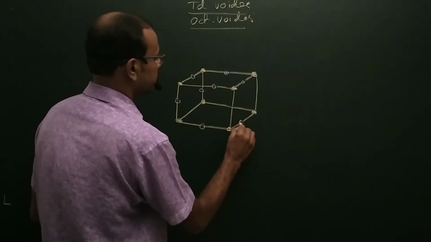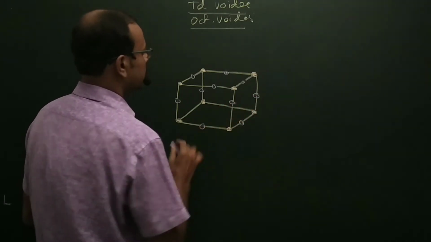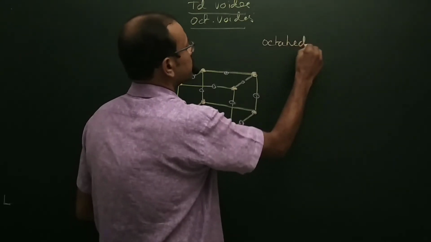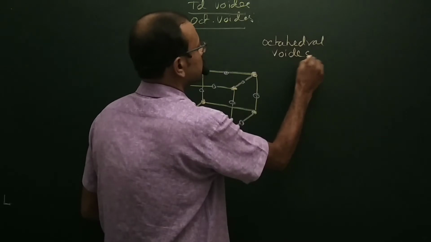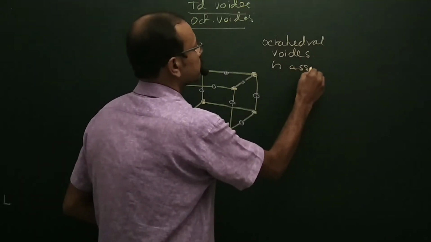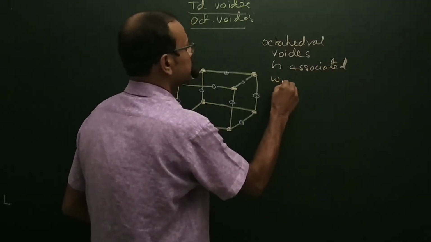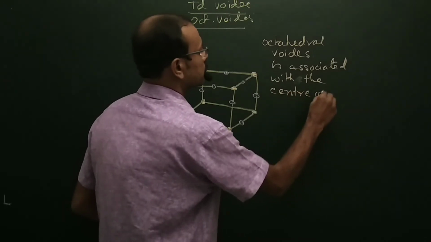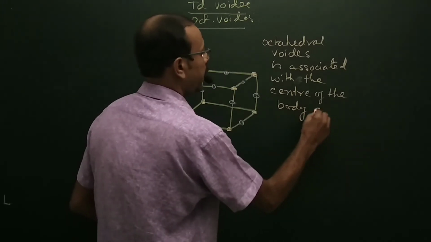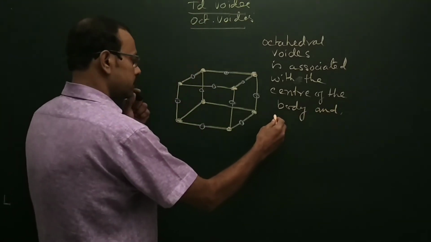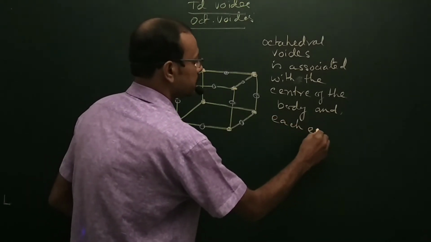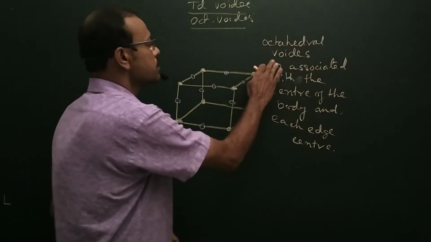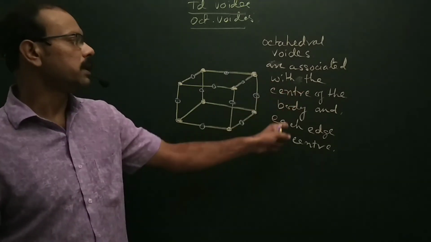These are edge centers. Now you have to keep in mind that octahedral voids are associated with the center of the body and each edge center.